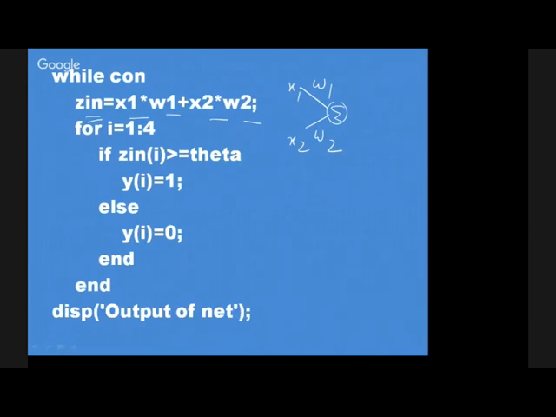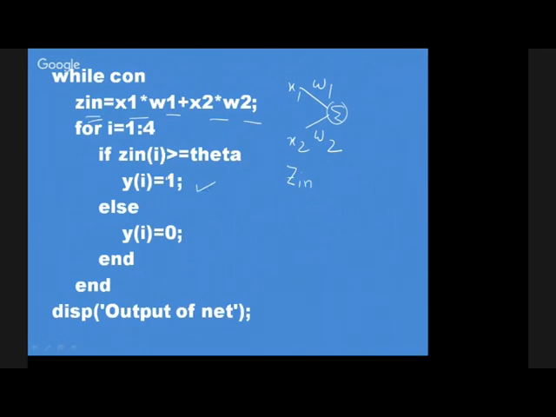Now next is for i equal to 1 to 4. We have to check all the zin. For zin i, if it is greater than or equal to theta, then yi equal to 1, as the condition is that only.